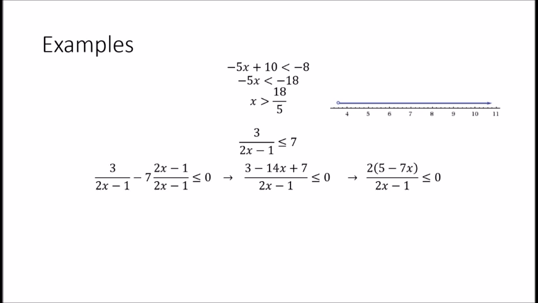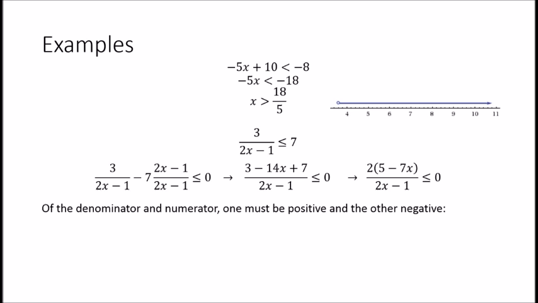So in order to make it less than 0, we need either the numerator to be negative and the denominator to be positive, or vice versa. What this does for us is it again creates several cases. We're going to once again check at what point is the numerator greater than 0 versus less than 0, at what point is the denominator greater than 0 versus less than 0.